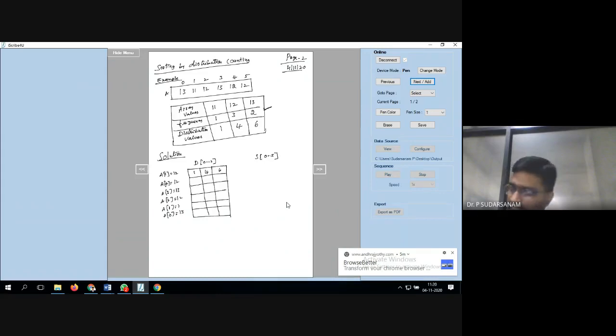You need to write the 5 locations. This is the 0 location, first location, second location, third location, fourth and fifth. 0, 1, 2, 3, 4, 5.